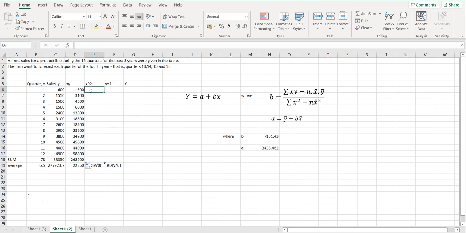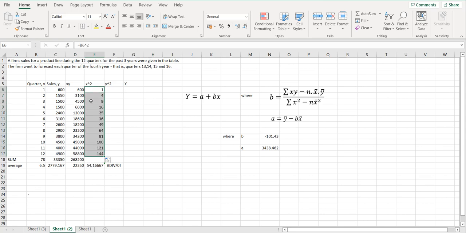For x squared it is simple, whereby we will use the formula x to the power of 2. So you will have 1 here, then just copy and paste down.